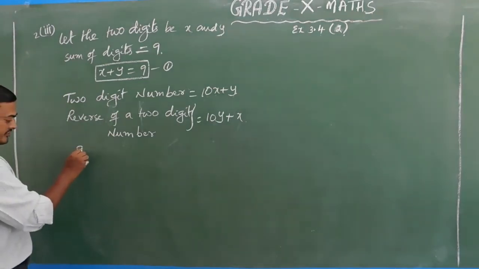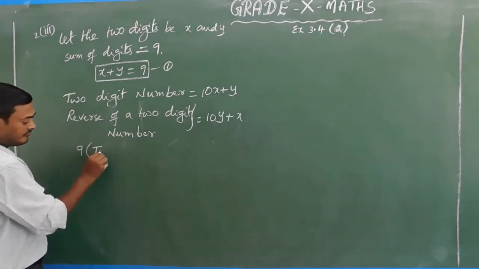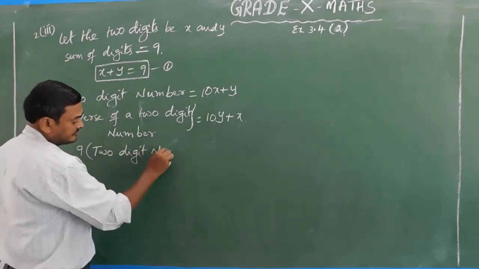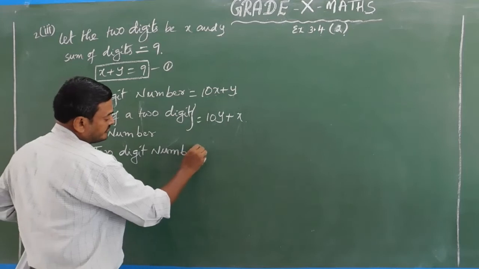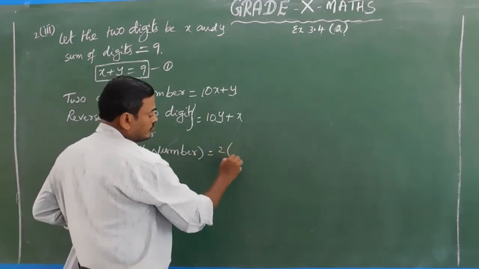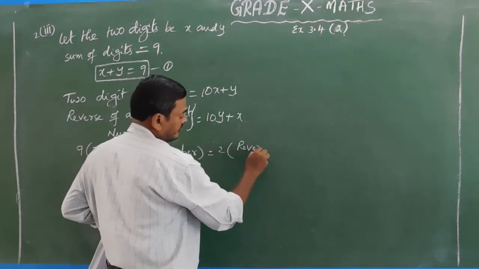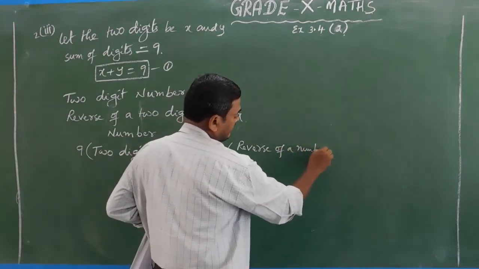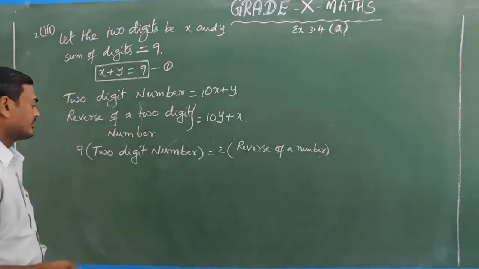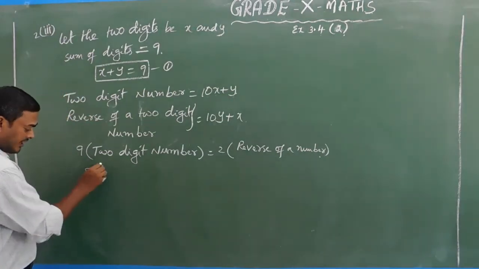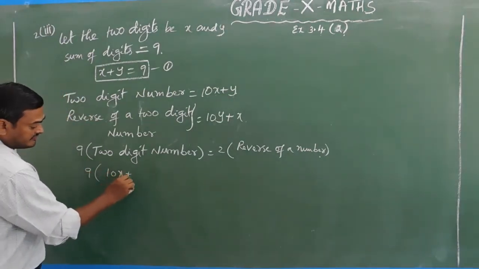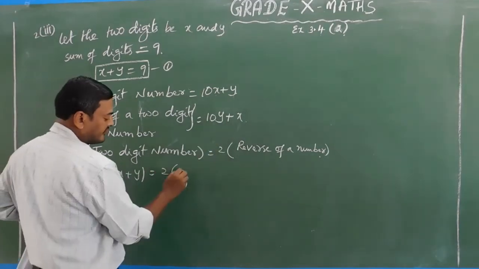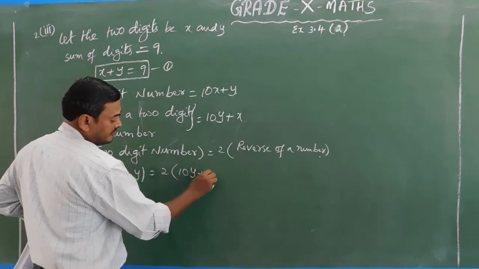So, 9 times the two-digit number equal to 2 times the reverse of the number. The two-digit number is 10x plus y, so 9 into 10x plus y equal to 2 into the reverse of the number, 10y plus x.